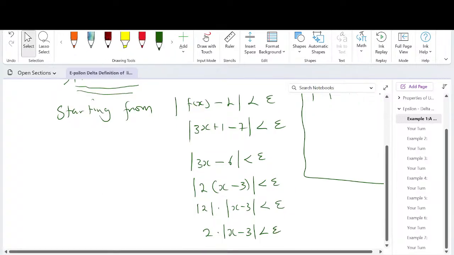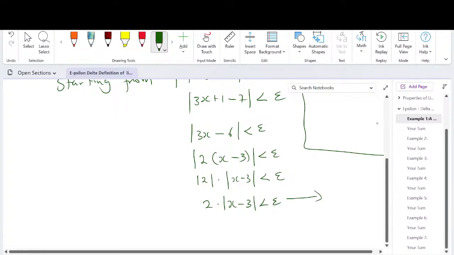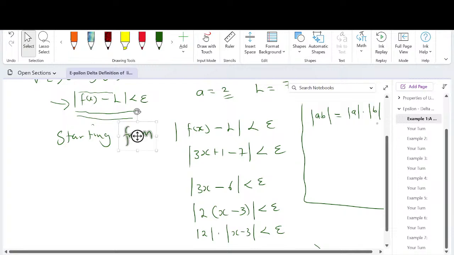Okay, good. Now if you remember, you are trying to get close. You want to tell how close you want to be to the limit. This is what this is telling us. Don't forget that the starting point is here. And I told you from my inspiration that it's telling you the closeness to the limit.